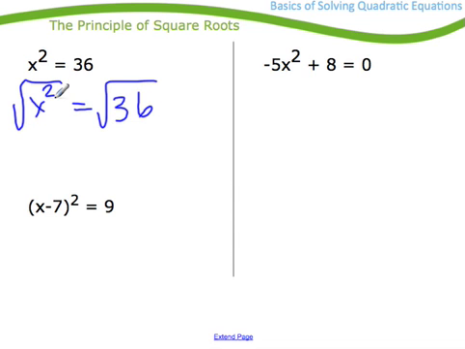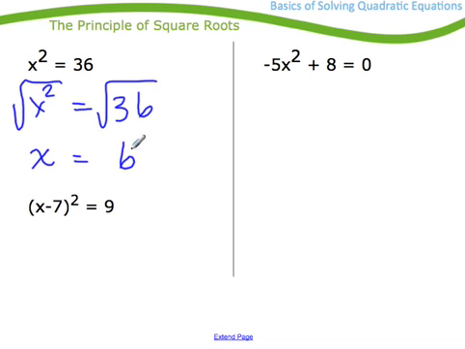So if I square root both sides, the equality remains. By square rooting this side, I come up with just simply x. With square rooting this side, I come up with, in this case, 6.